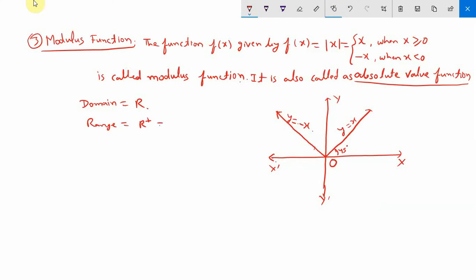We can write it as x, which is an element of R, such that x is greater than or equal to 0. Okay. 0 comma R plus we can write here. So we will discuss some of the properties of the modulus function.